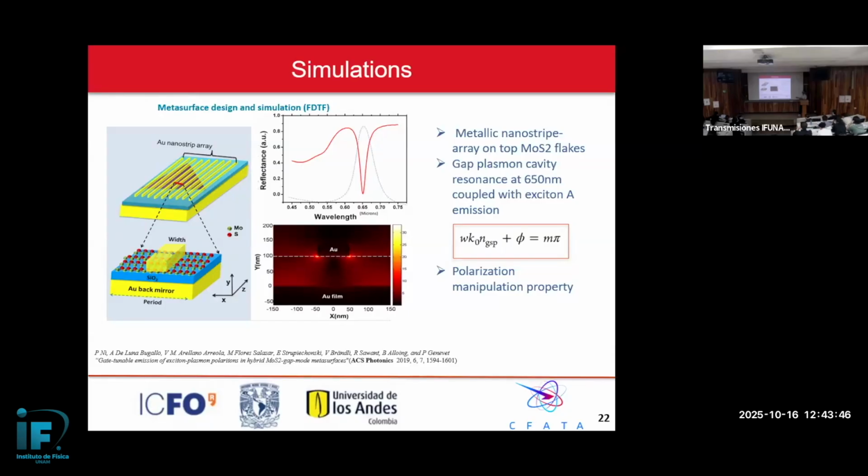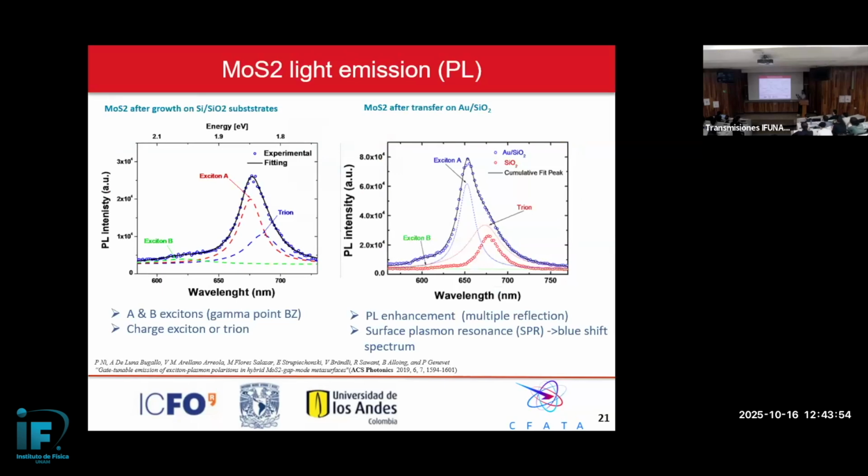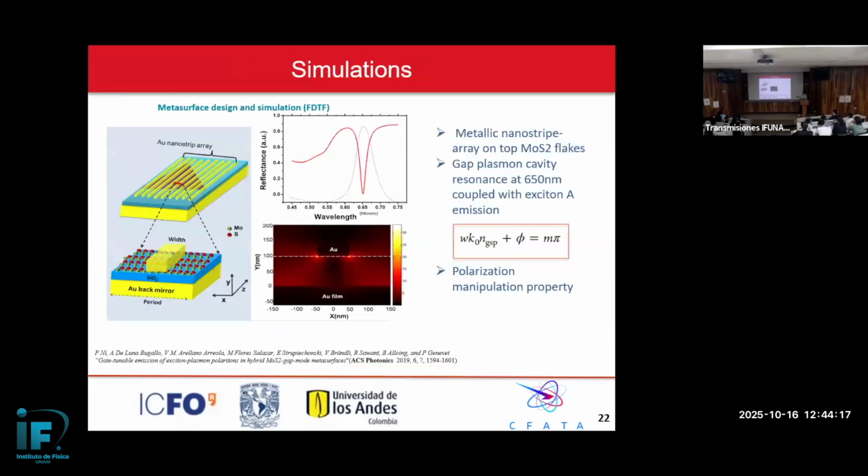If you narrow the peak, you can enter in resonance, so the PL will be higher. If you make it larger, you get off resonance, so the intensity will decrease. That was the main idea behind the integration of metallic stripes on top of these tungsten disulfide structures. Thank you.